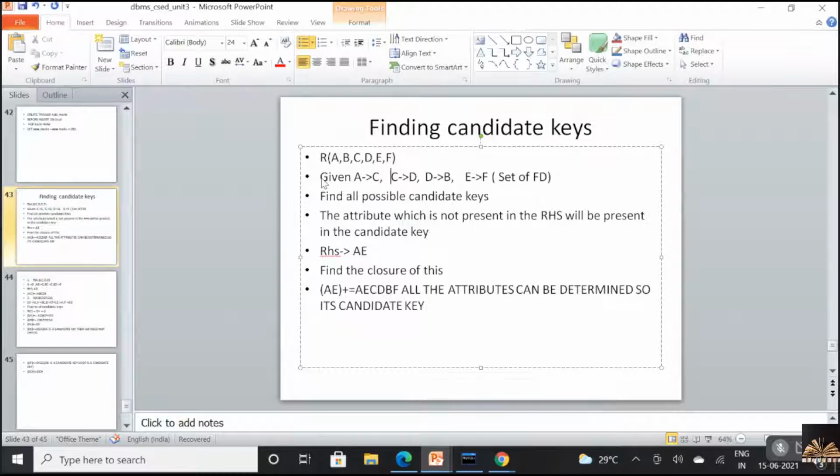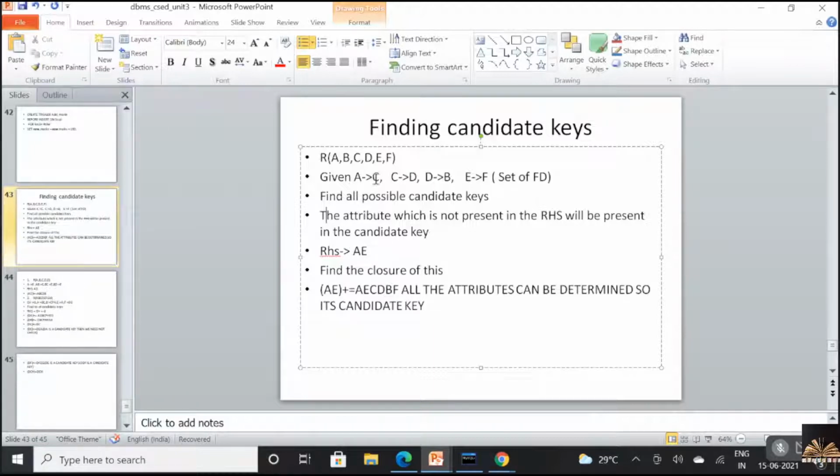Now, whenever you want to find the possible set of keys, try to understand this statement. The attributes which are not present in the RHS of the functional dependencies will be present in the candidate key. Now look at this.